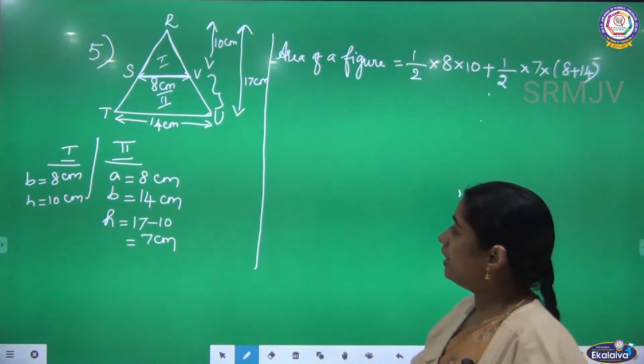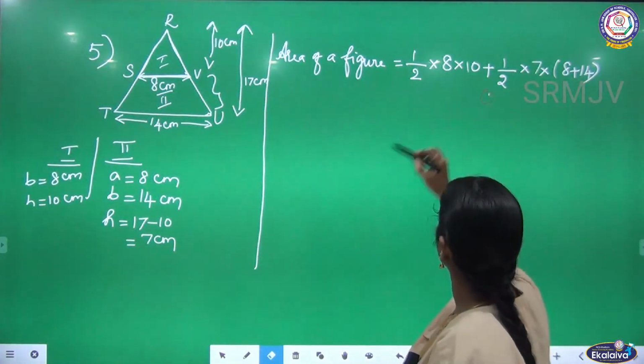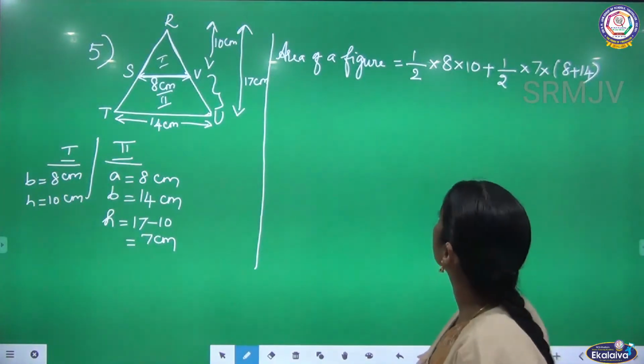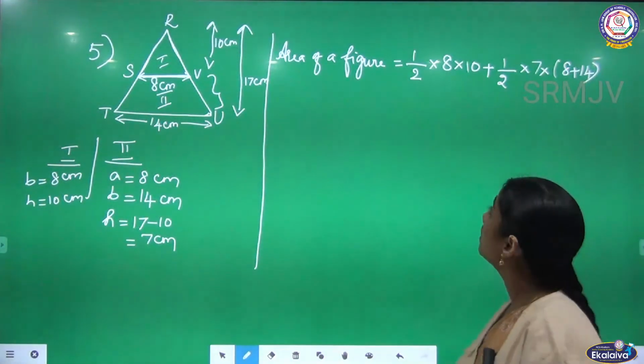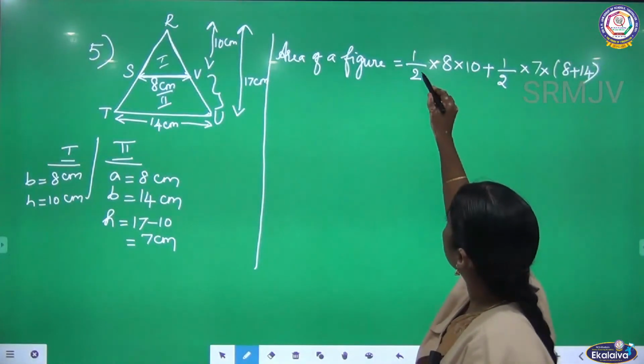Got it? Any doubt in this? Now I can cancel the numerator and denominator.